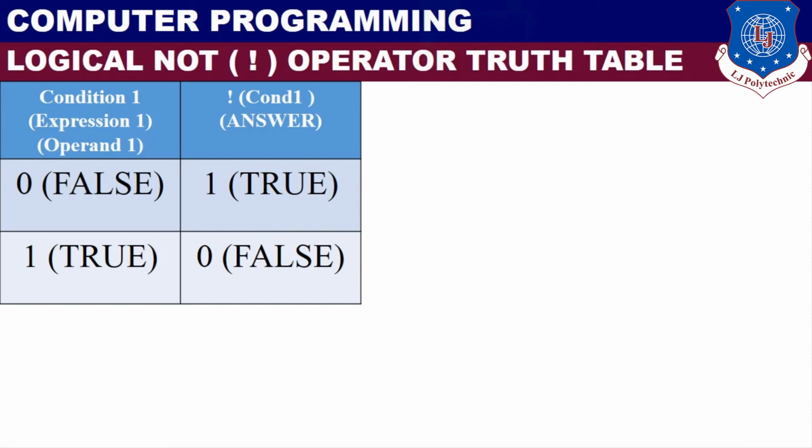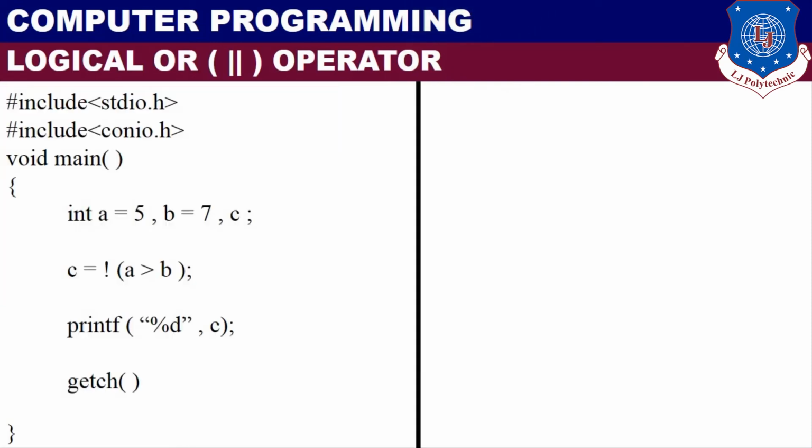Now let's understand the same thing with a C program. Header files: #include stdio.h, #include conio.h, then our main function. In this program, we will take 3 variables of the same integer type: a equals 5, b equals 7, and c.